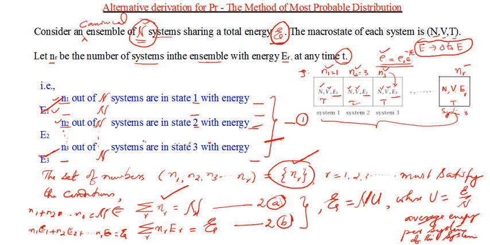The second constraint equation was that sum over r of nr er is equal to E, the total energy that is shared by the n members of the ensemble. So without violating these two constraint equations, W has to be maximized.